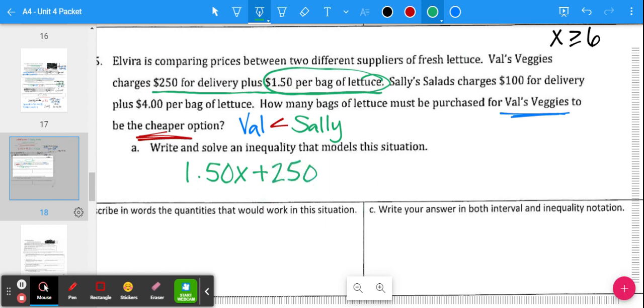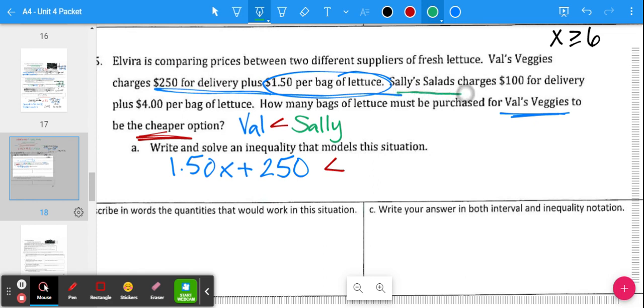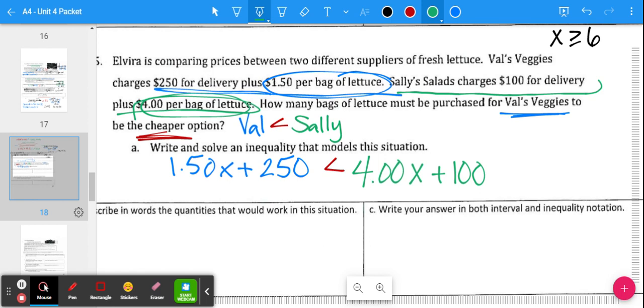And we want that to be the cheaper option, so less than Sally's Salads. Sally's Salads charges $100 for delivery plus $4 per bag. So $4 per bag plus $100 for delivery.